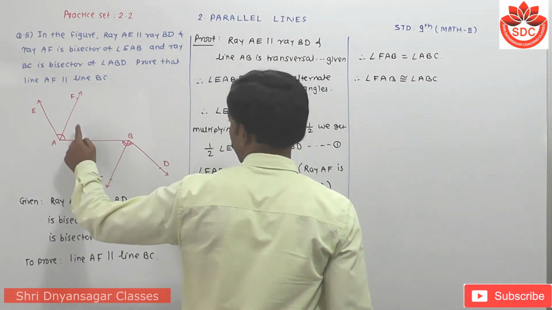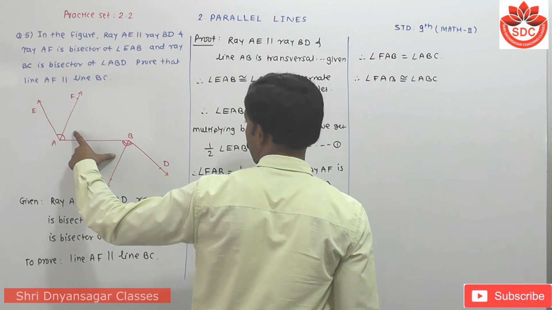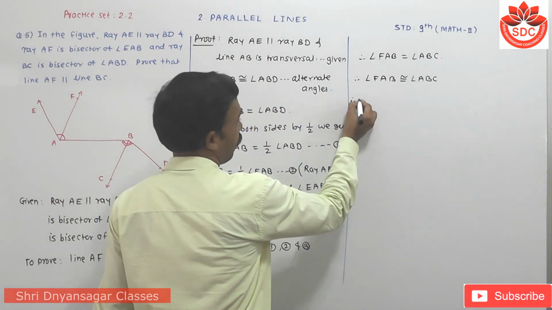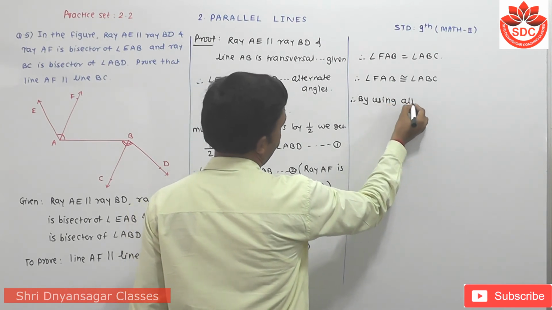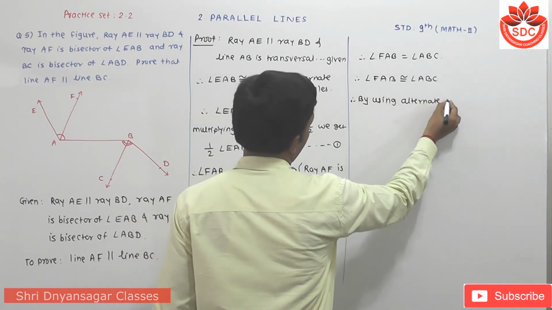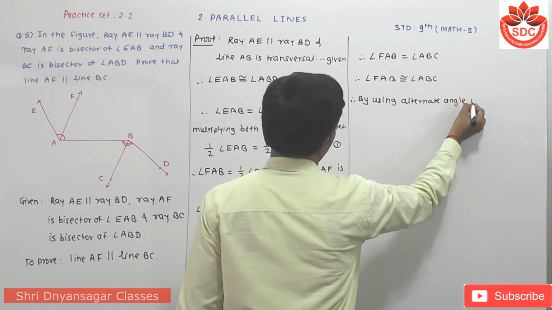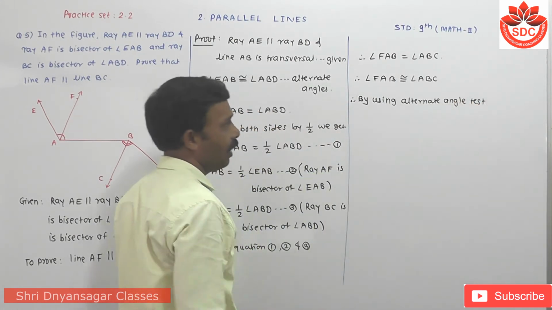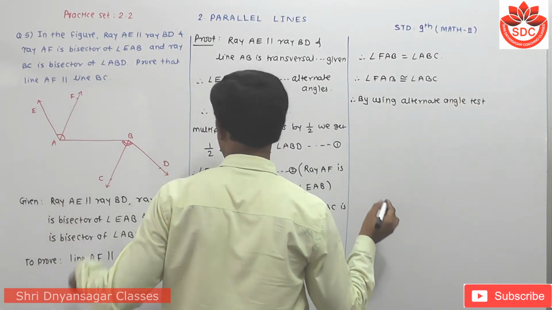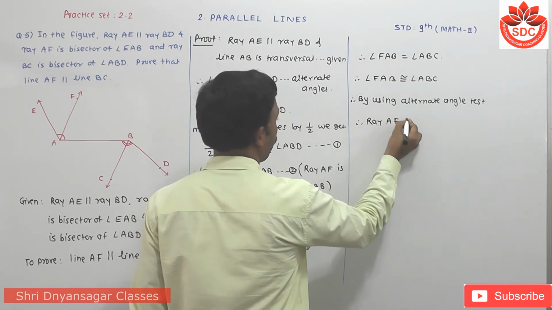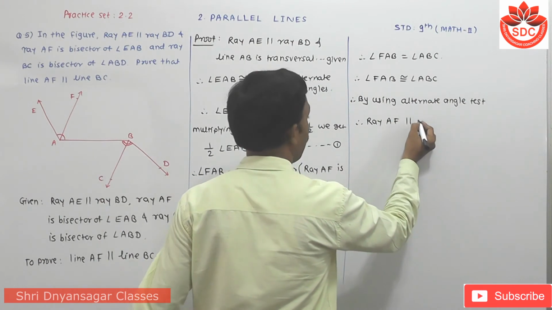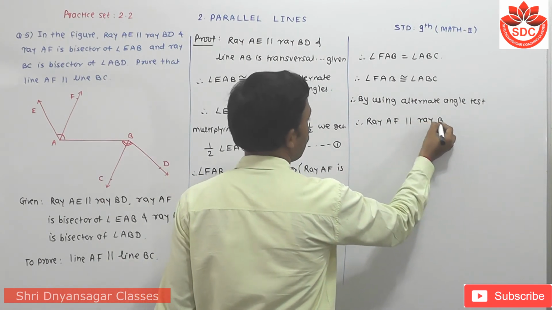Look at here, FAB and ABC are alternate angles, so therefore by using alternate angle test of parallel line, these two lines are parallel, means that ray AF is parallel with ray BC.